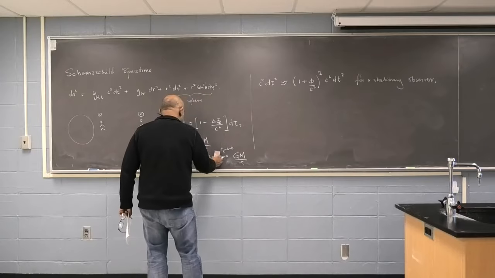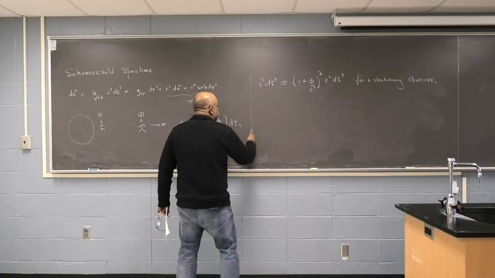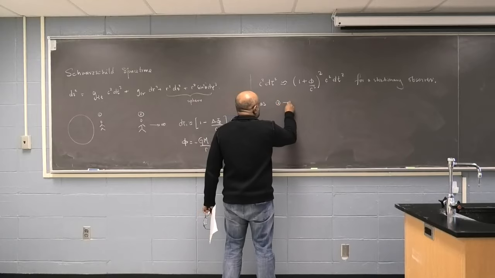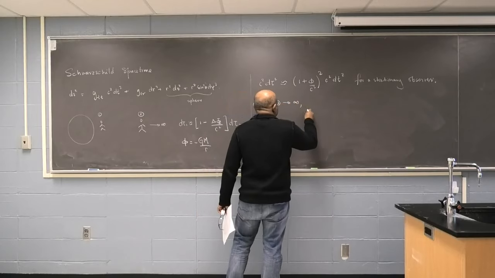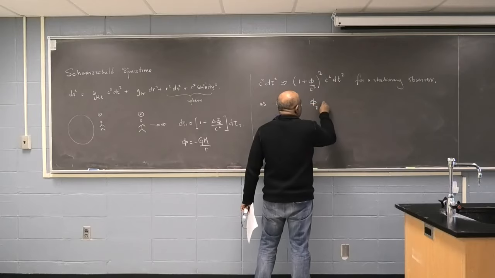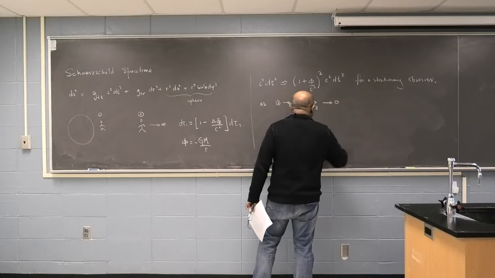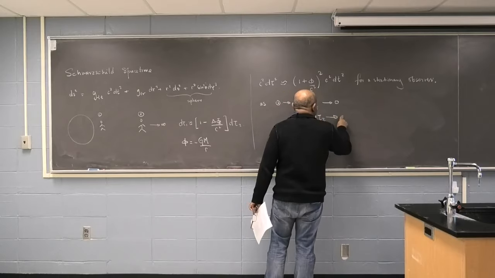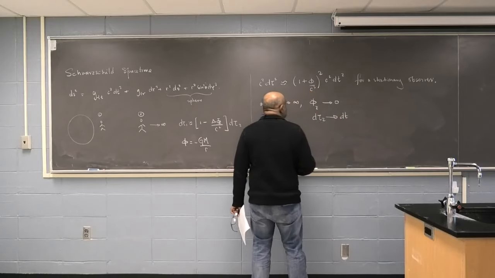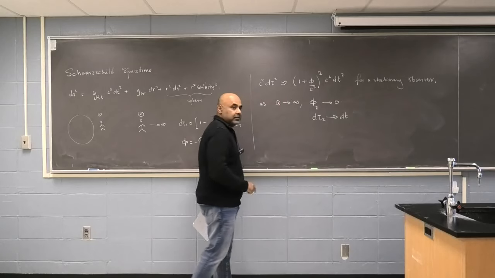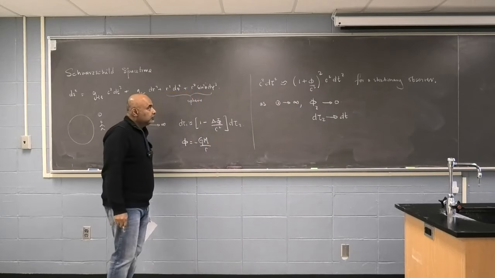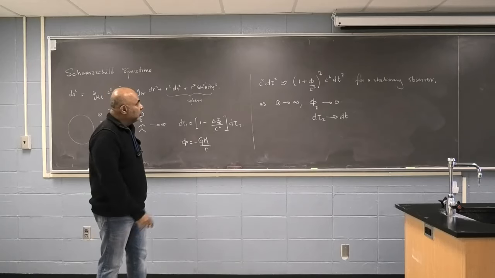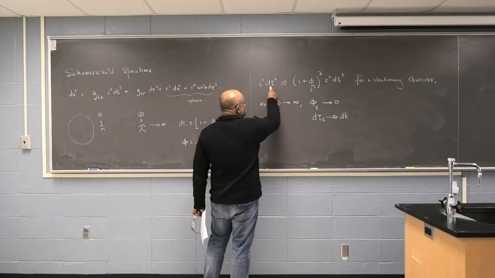Let me make that very clear. I squished it all over here, I should say. As observer 2 approaches infinity, phi2 approaches 0, d tau 2 approaches dt. That's how you get this. I could make this c squared dt squared.